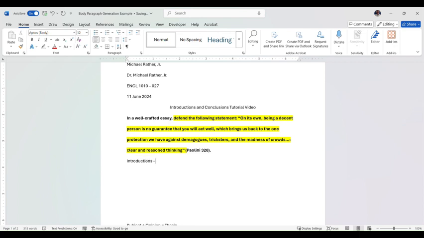Are there exceptions to the rule? Yes, but I think following this pattern, this formula, will help you write strong introductions. The first thing I like to do is tell a story that illustrates my thesis. Now, this story can come from anywhere, right?